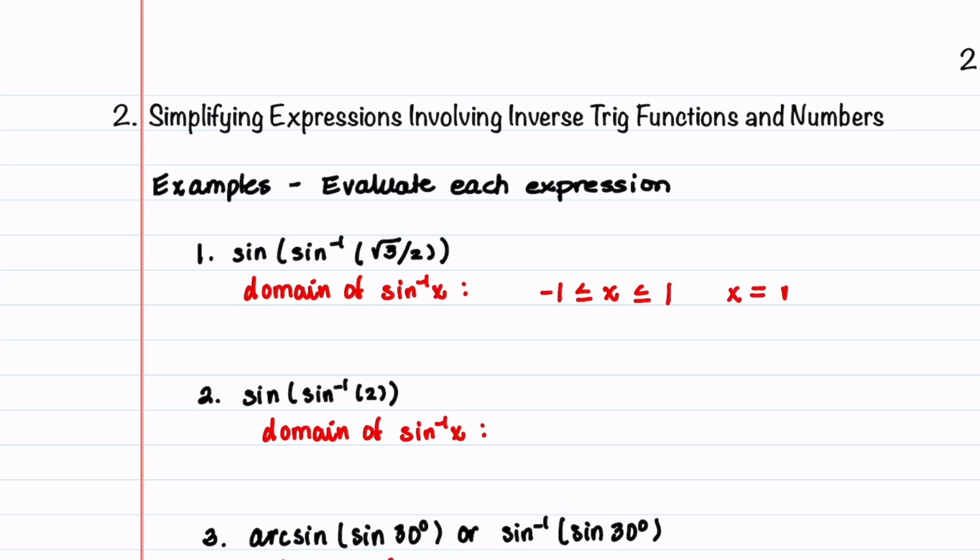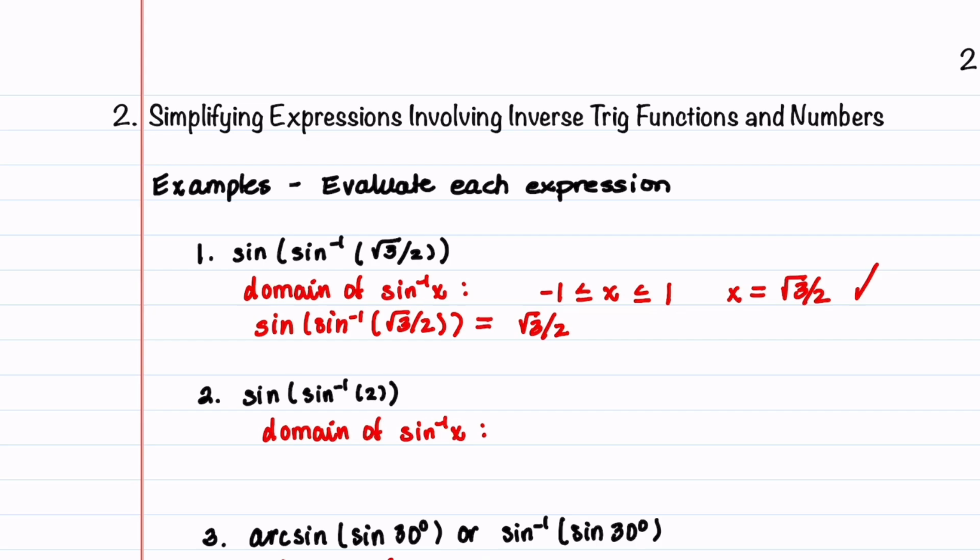X is equal to root 3 over 2, and this is in our domain. Because of this, our cancellation equation can be used, and we can say that sine of inverse sine of root 3 over 2 is equal to root 3 over 2.